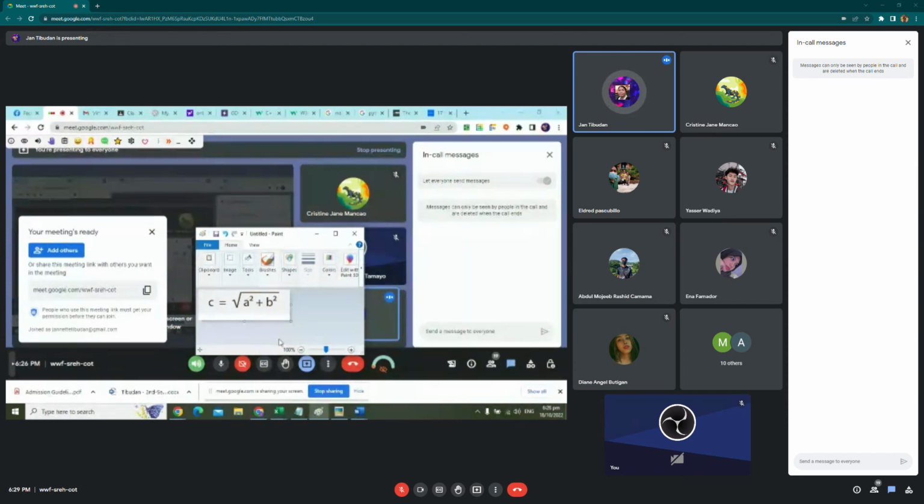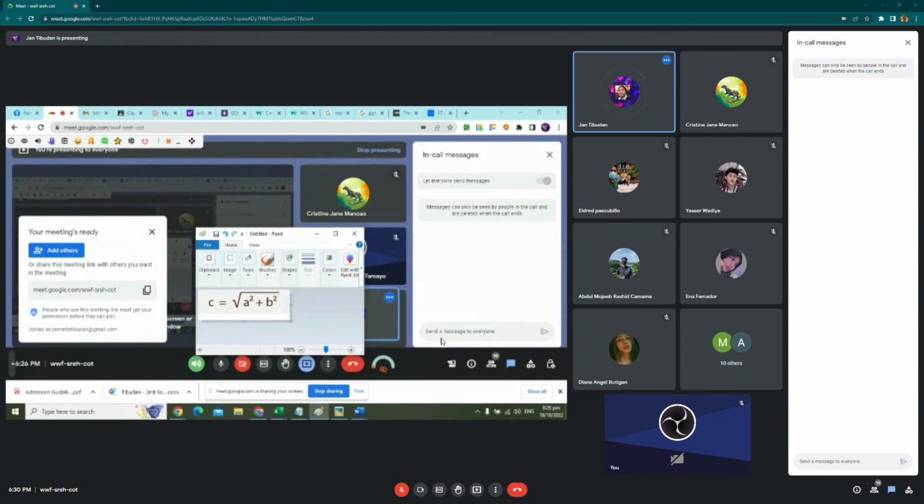Sige daw, class B. I-type daw diri sa chat message nato diri sa Google Meet. So, for example, C is equal to the square root of A squared plus B squared. So, how do you write this in C++ assignment statement? I'll give you 3 minutes to type in here. There is atong in-call messages sa Google Meet.